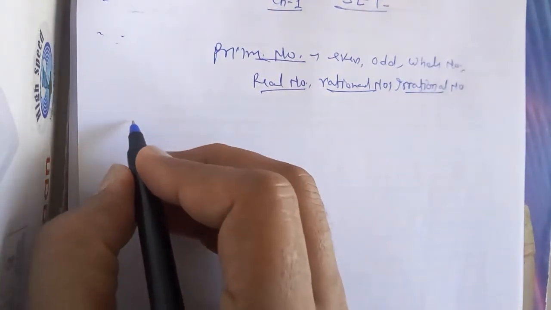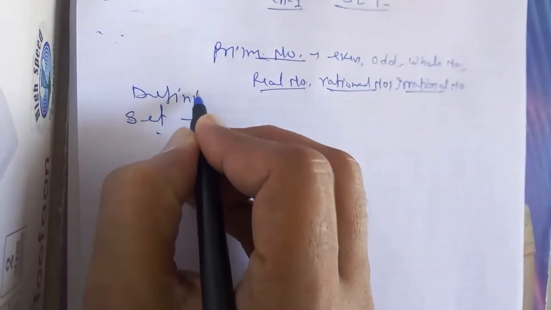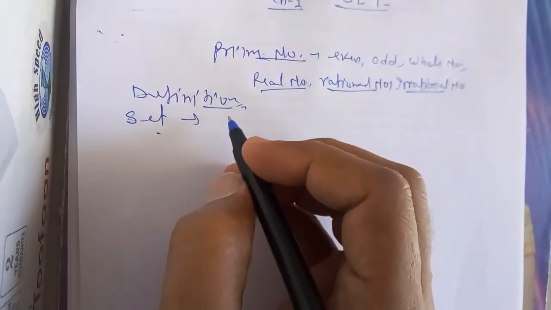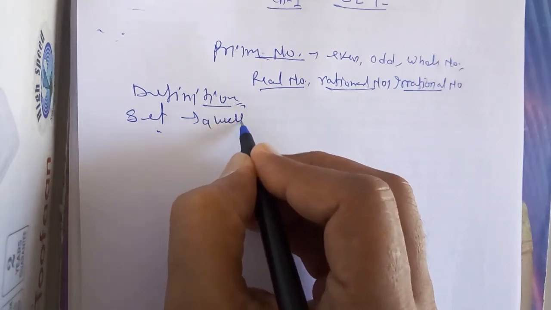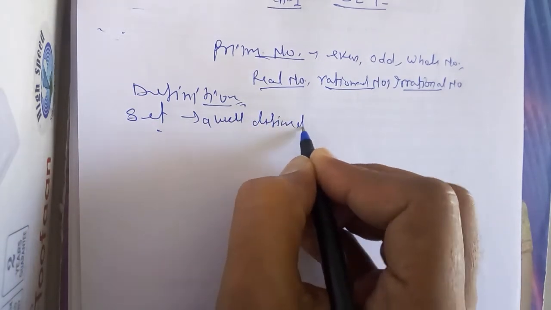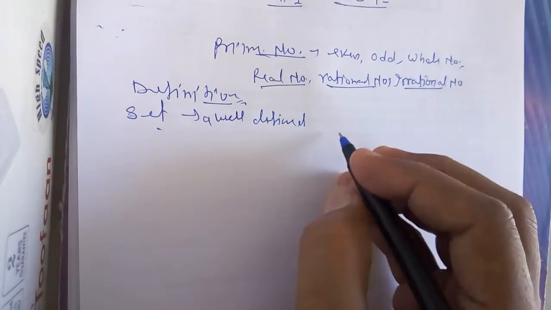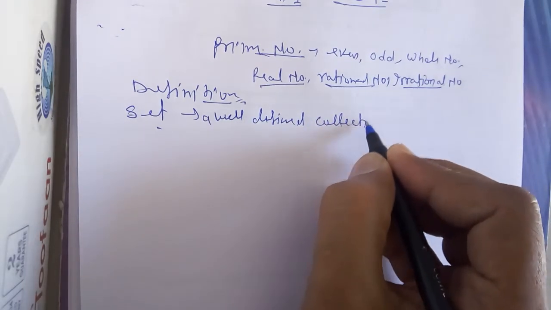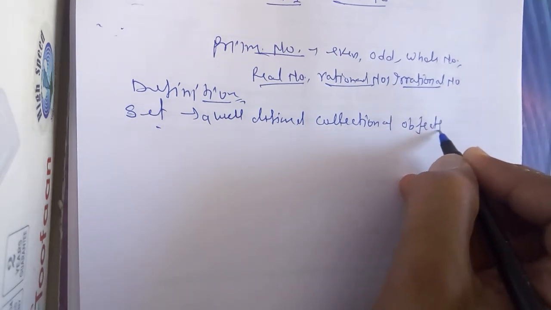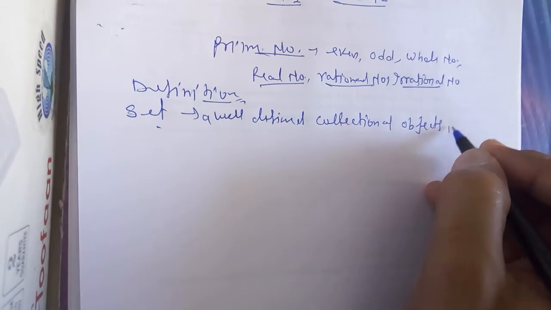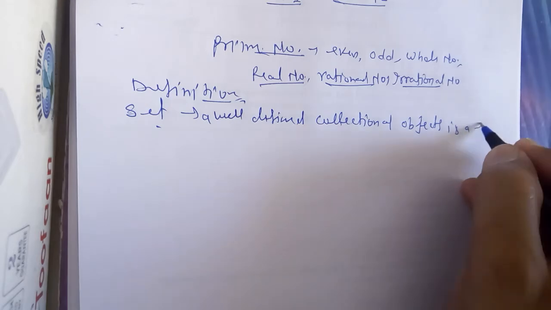The definition of the topic, set. Set definition: a well-defined collection of objects is a set.